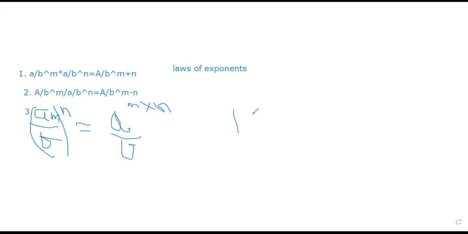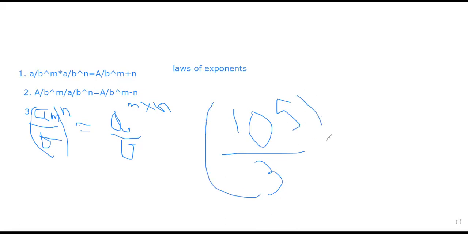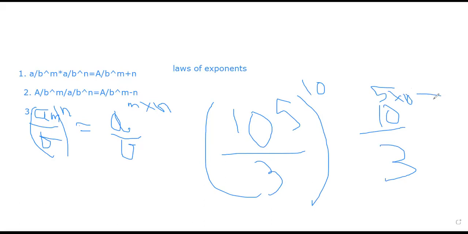Let's take the same example. ((10/3)^5)^10 will be nothing but (10/3)^(5 into 10), which is nothing but (10/3)^50.